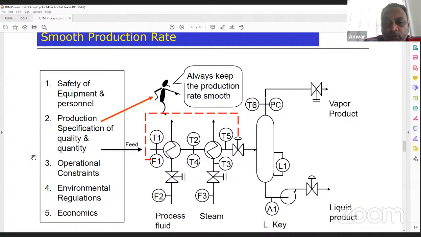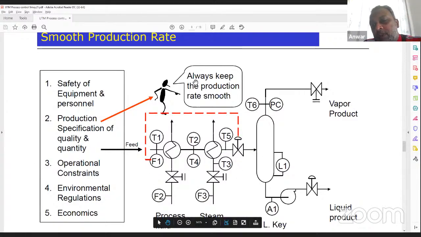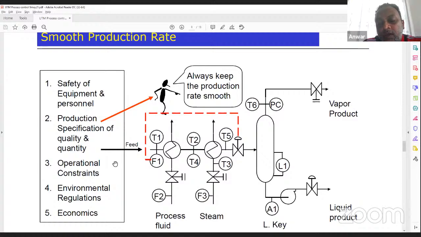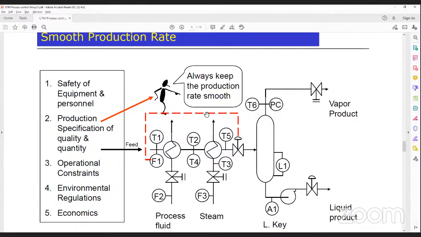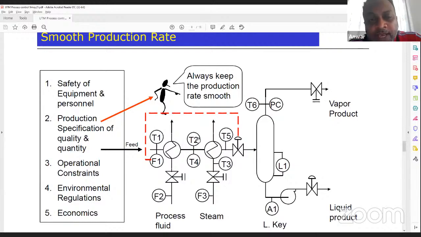So the control system could be designed, even though you have multiple parameters across, like temperature, flow, and a few other temperature indications, where it always could be cascaded between each other for you to achieve the right quality and quantity.